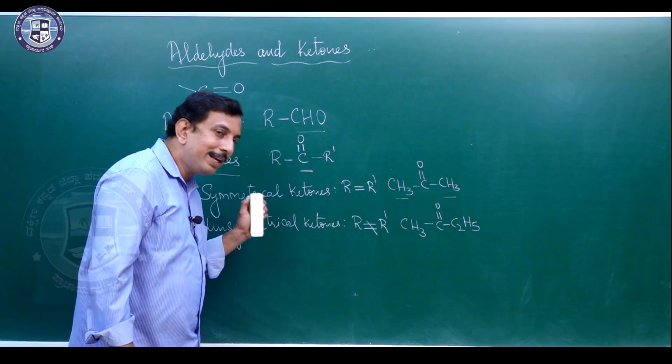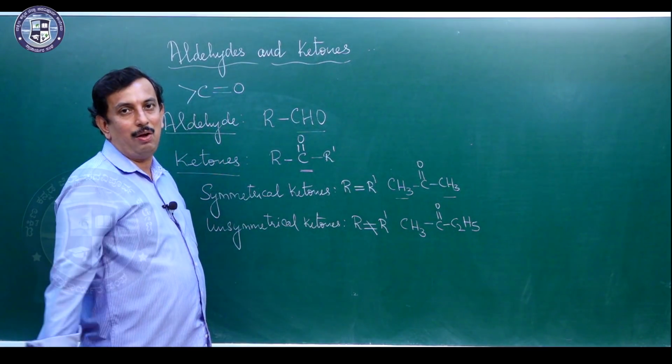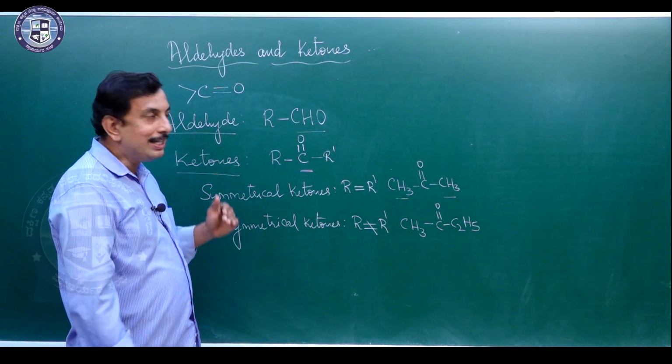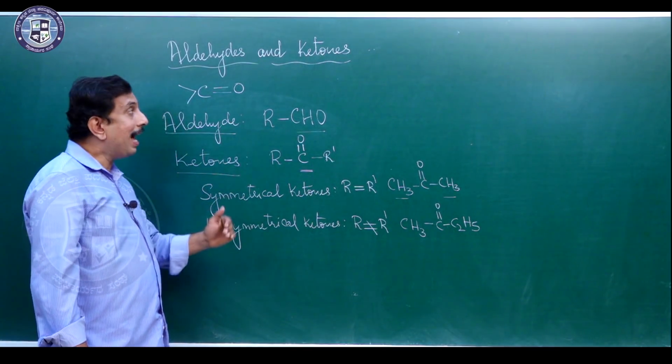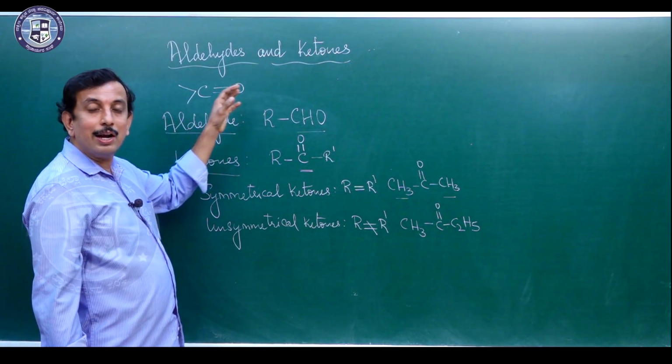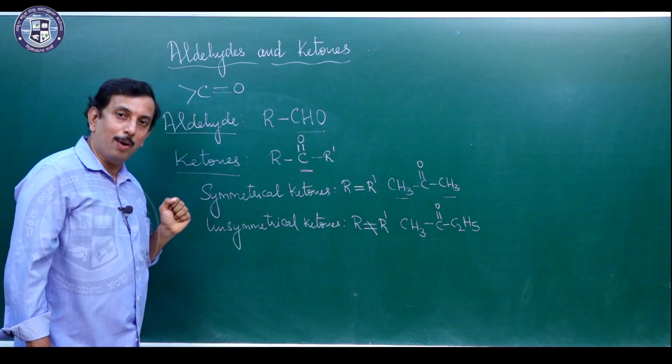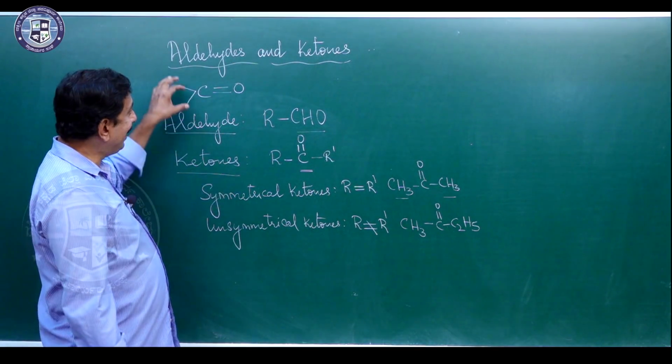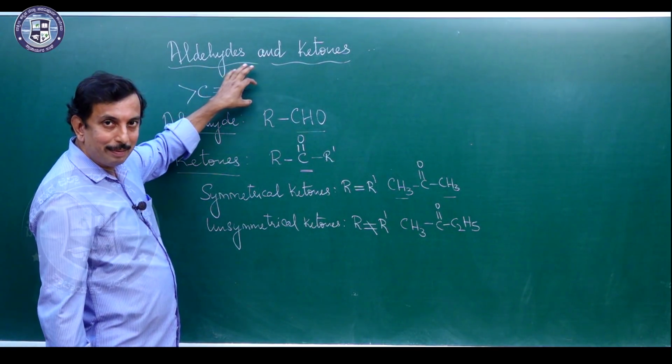So, for a general understanding of these compounds right now, I will just repeat what I have told. The aldehydes and ketones are together called carbonyl compounds because they contain a carbonyl group in them.